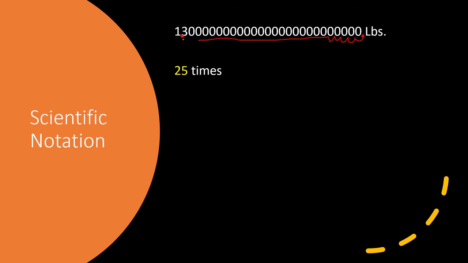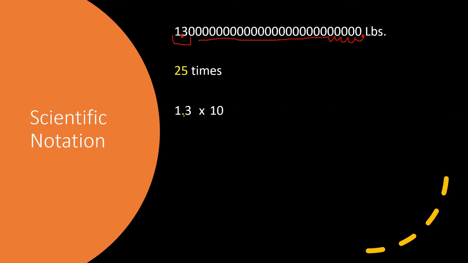So now to write this number in scientific notation, I'm going to take the 1 and the 3 right here, all the digits that are not zeros, and write 1.3. Notice that there's my decimal period right there. And then I'm going to multiply this number times 10.